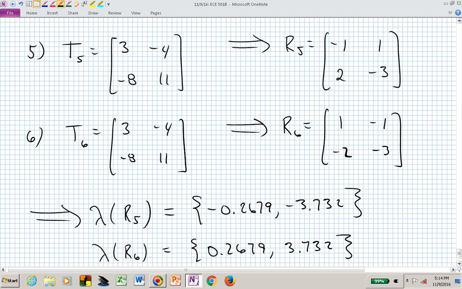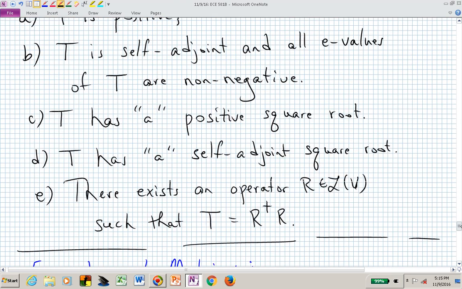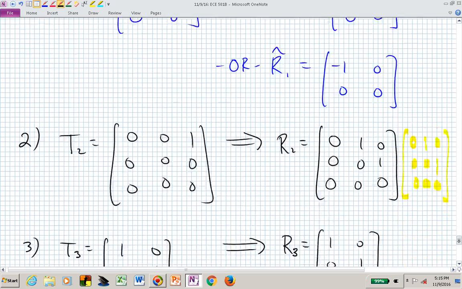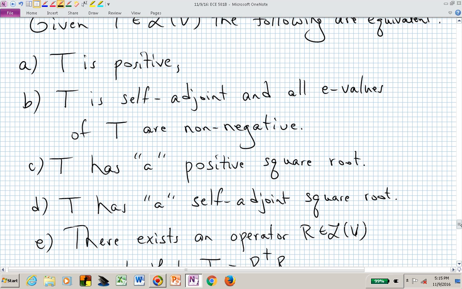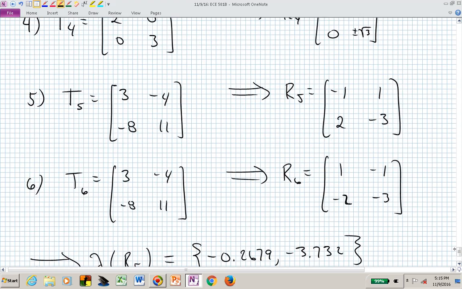But here, what I'm trying to show is that, in fact, if we go back to this expression or equivalence, we have to actually have T being self-adjoint and all of its eigenvalues non-negative, and we can't really say that for T5 or T6, can we?